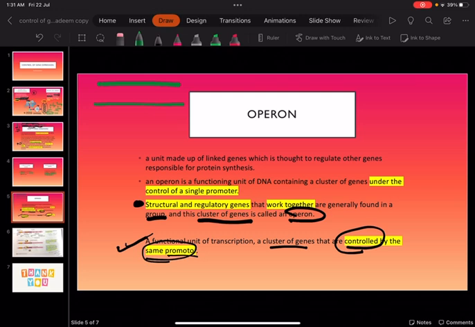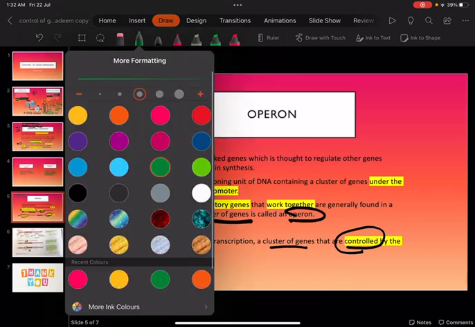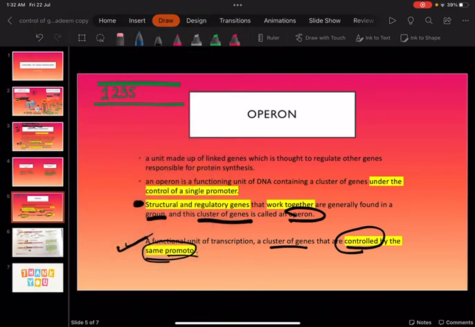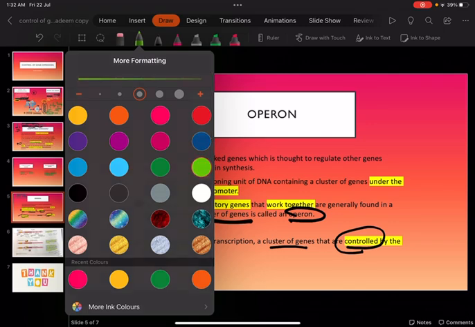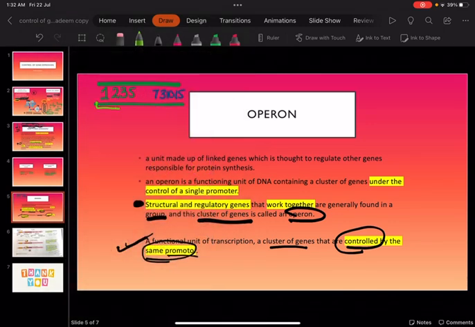We have gene 1, 2, 3 and 5. Then we have another set of genes called 7, 3, 10, 15. Right? Now, 1, 2 and 3 are the regulatory genes and 5 is the structural gene.